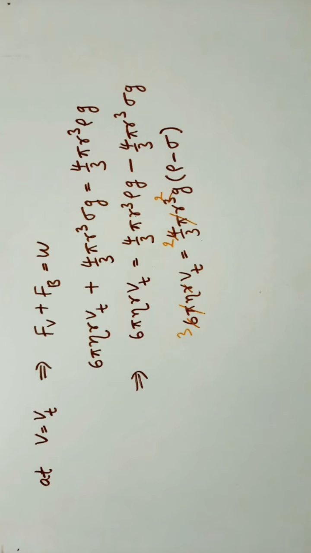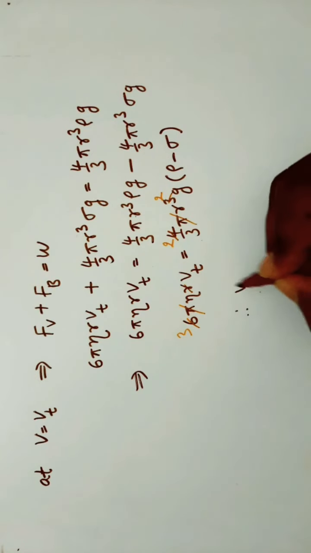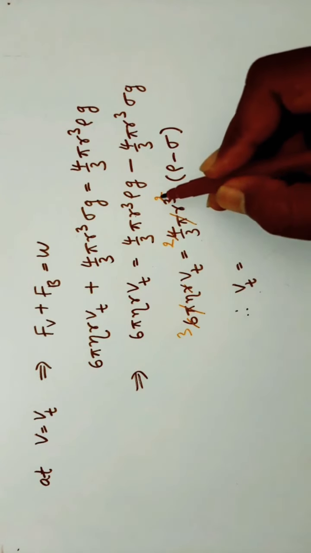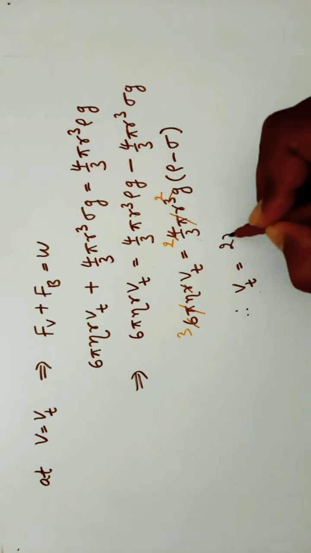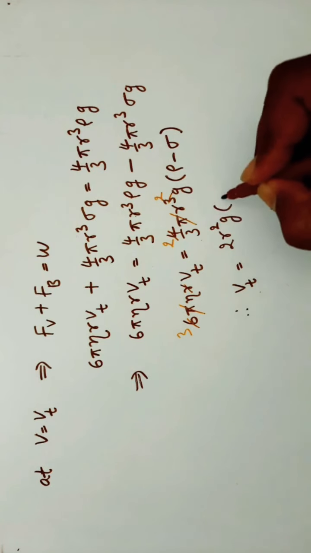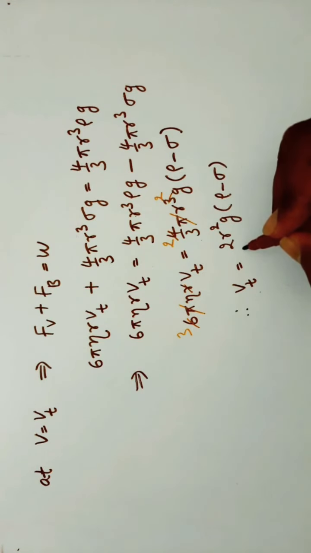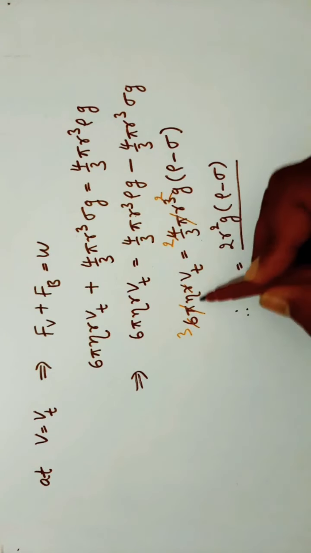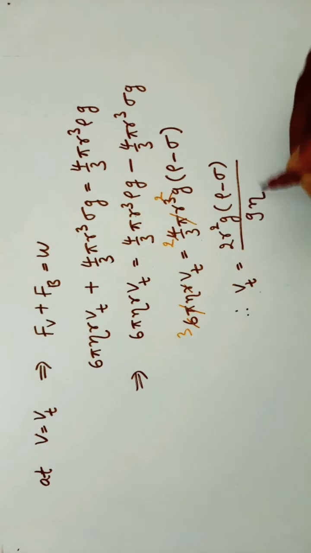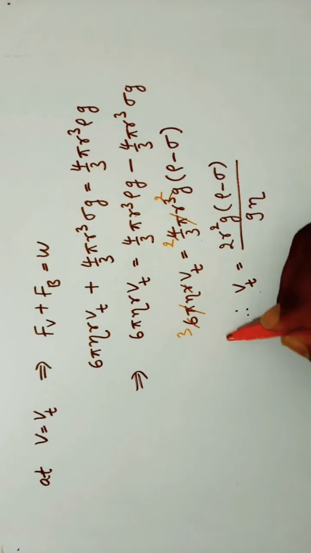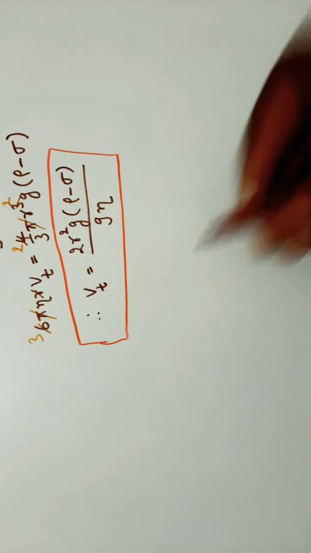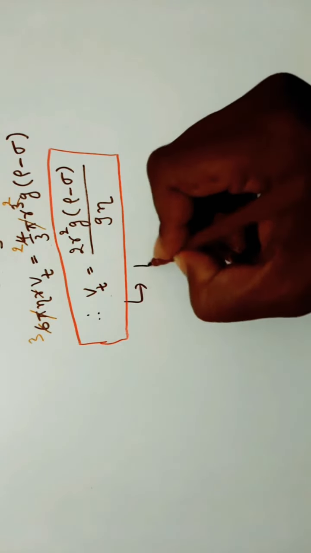So from this we can write, therefore, Vt is equal to 2 r square g (rho minus sigma) by 3 threes are 9 eta. This is known as terminal velocity.